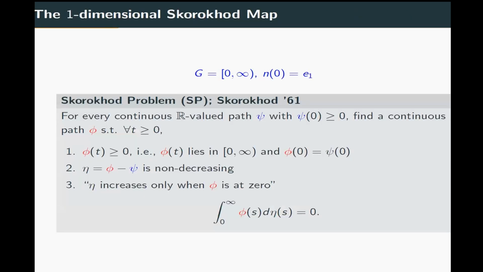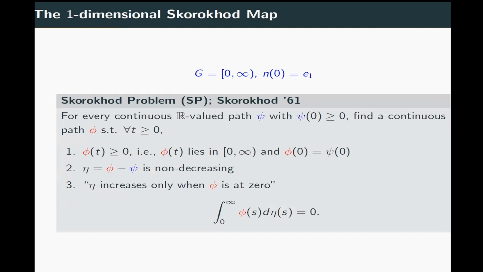So of course, we all know the one-dimensional Skorokhod map. You're looking for a one-dimensional process, psi, which starts on the non-negative real line, and you want to create another one, phi, which remains in the non-negative real line, in such a way that by adding some process eta, phi is equal to psi plus eta.